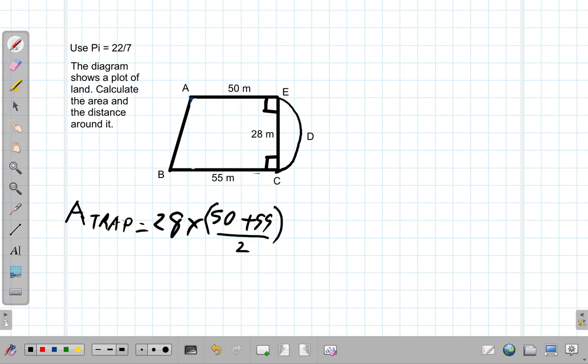And then what you're going to have is 28 times, what is 50 plus 55? 50 and 50 is 100, so plus 55 is 105 over 2. Well, this would be the same as 28 by 105 all over 2. 28 over 2 is 14, so it's 14 times 105.